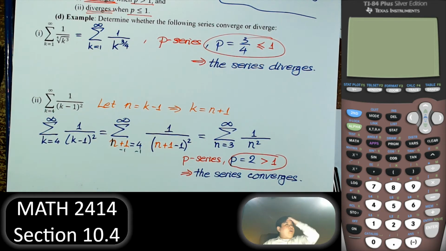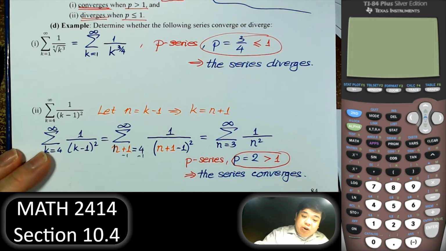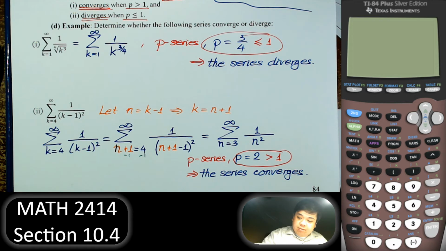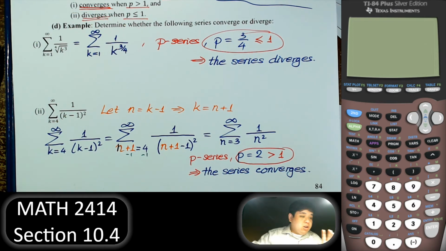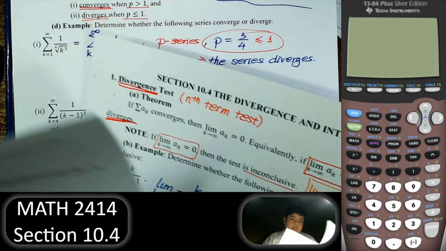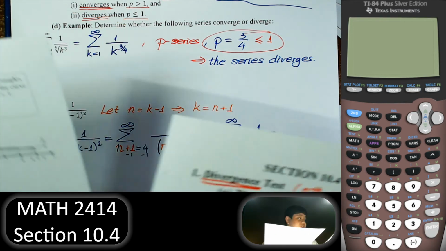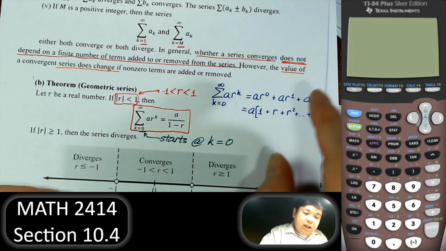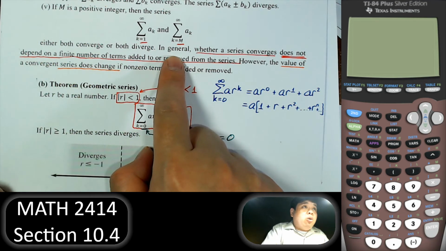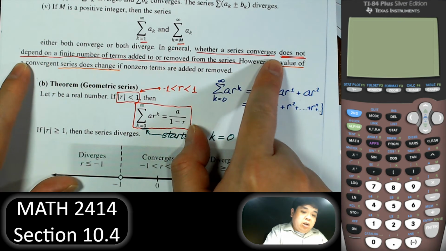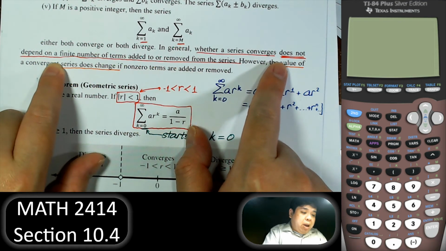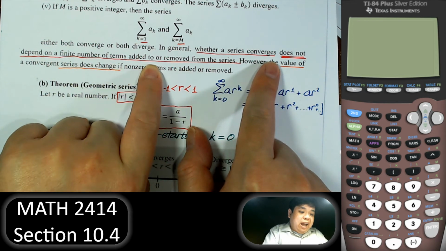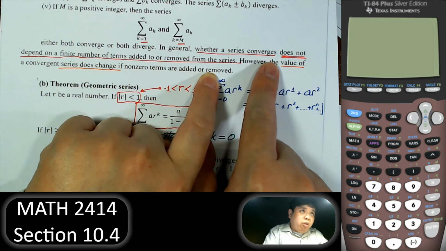So that's simple enough, right? Now, just want to write a little note here. This series, even though it starts at 3, should not be a problem, because the first thing we learned from the previous section is that, in general, whether a series converges does not depend on the finite number of terms added to or removed from the series.